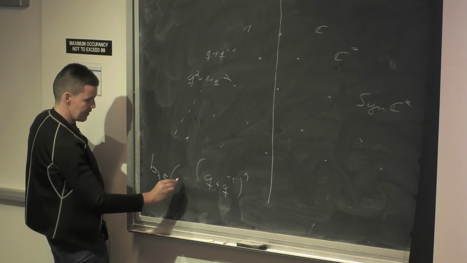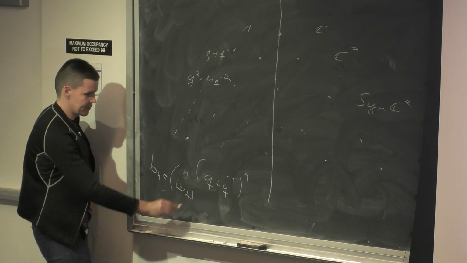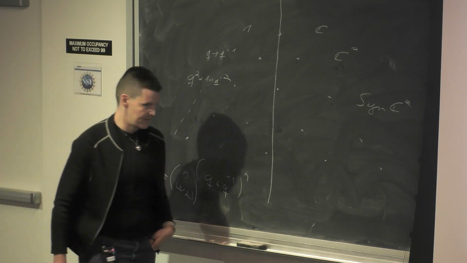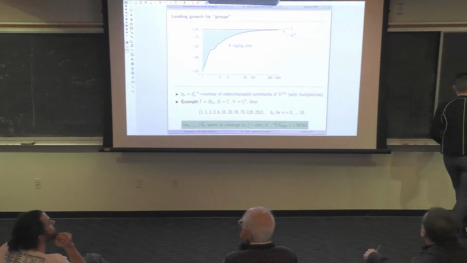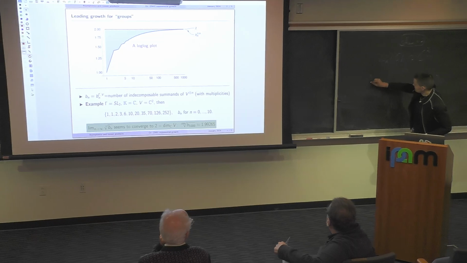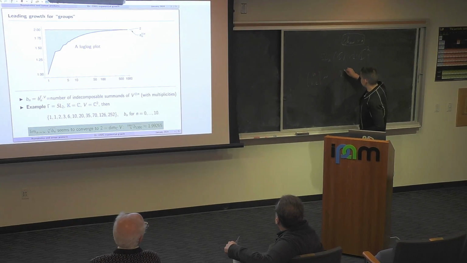So it's just n choose n over 2, and because of a parity issue, it's like this. Stirling's formula will give you that n choose n over 2 is something like 2 to the n, times 1 over square root of n, and some scalar, whatever.